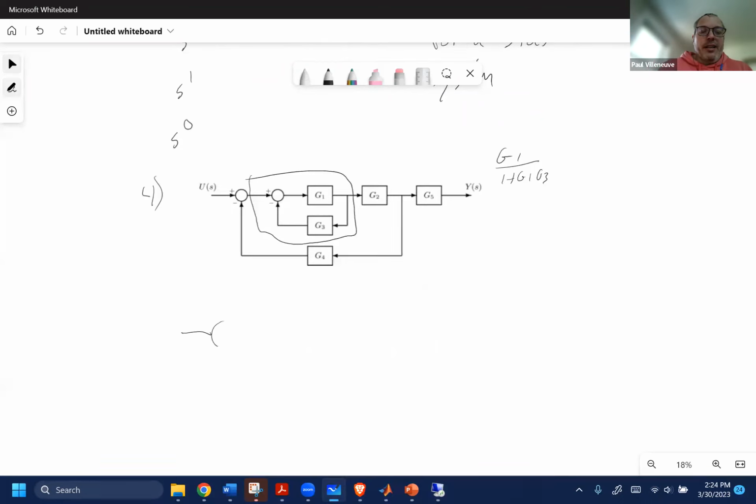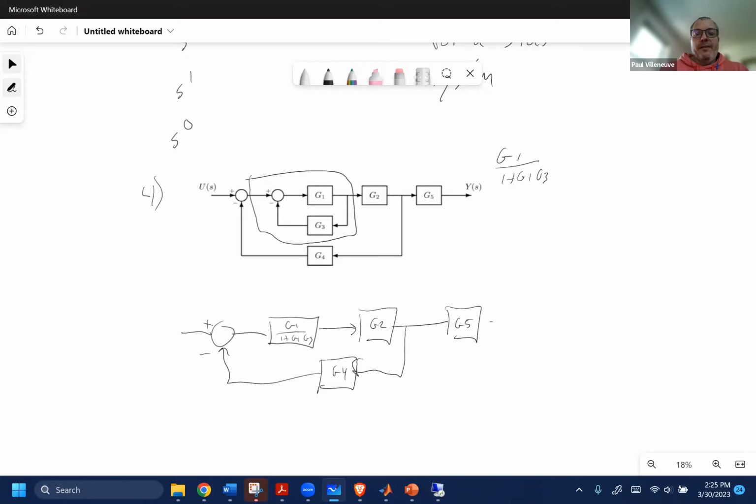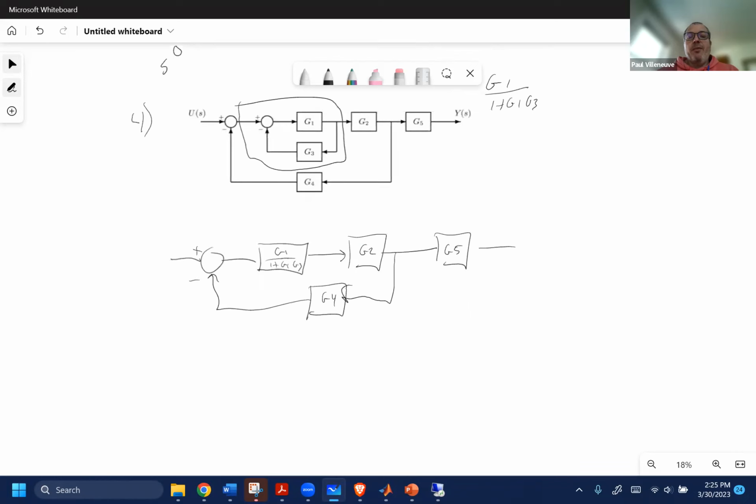So I'm going to go ahead and build it back. G1 over 1 plus G1, G3. Then I have this in cascade with G2. This is a feedback of G4. This is plus minus. This is G5. So these two in cascade means they just multiply together. So I'm going to multiply those together and put that back in that feedback path.